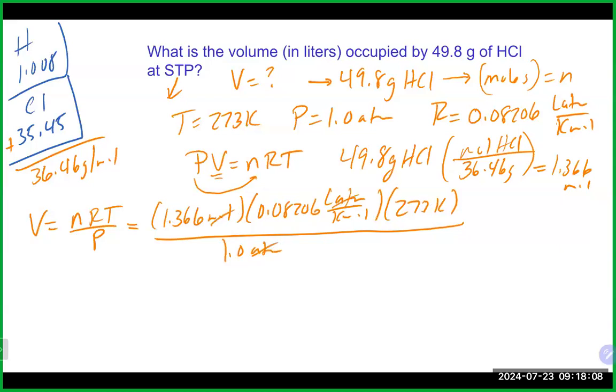Atmospheres cancel, moles cancel, Kelvin cancel, and that is going to leave us with our volume in liters. 1.366 times 0.08206 times 273 is going to give us about, we'll call it, 30.6 liters in this particular case. Any questions on that there?